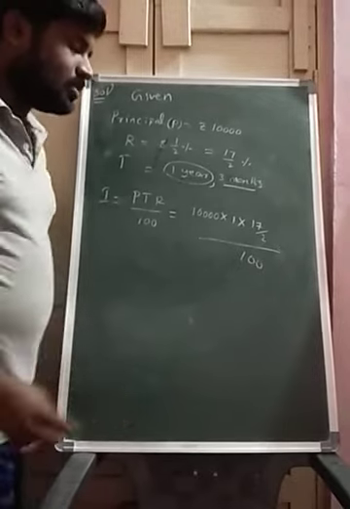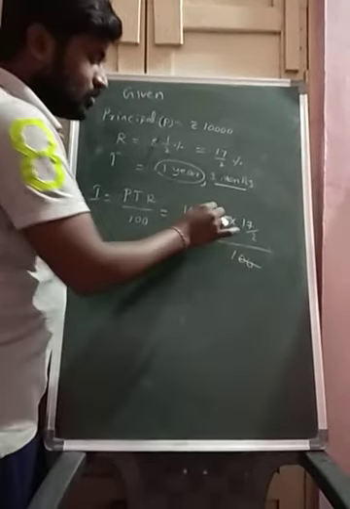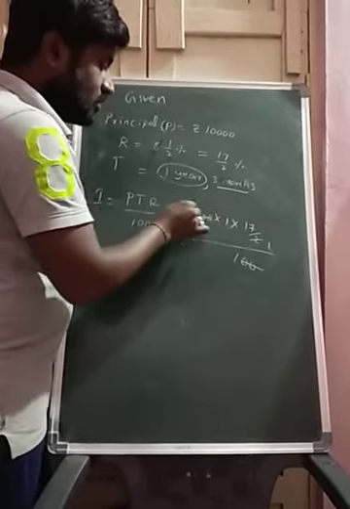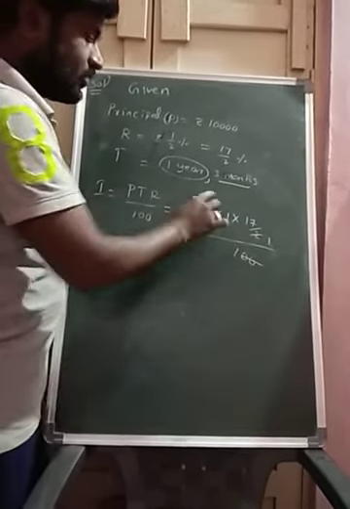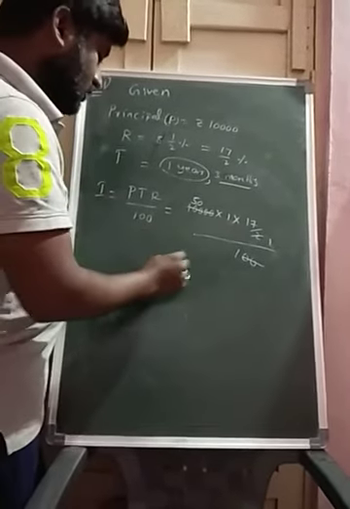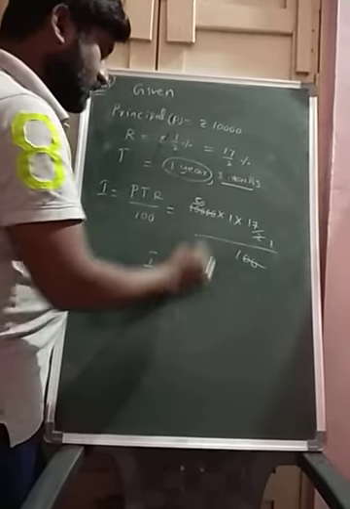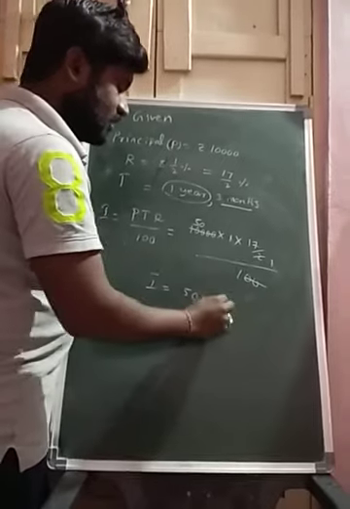Now see, here 2 zeros down and 2 zeros cancel. 2 ones are 2, 50 sir, 100. So we can write I is equal to 50 into 1 into 17.